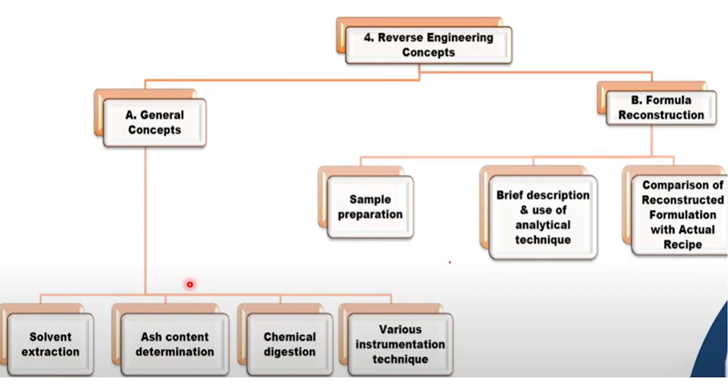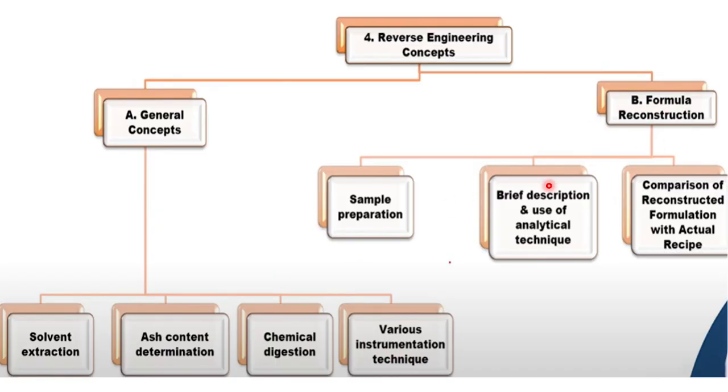So in reverse engineering, there are two steps. First is the general concept, and next is the formula construction. In the general concept, there is solvent extraction, ash content determination, chemical digestion, and various instrumentation techniques, which we have already discussed starting from day one.